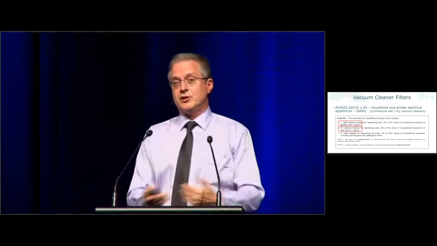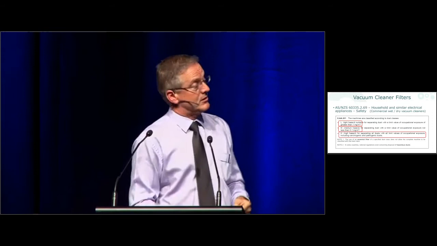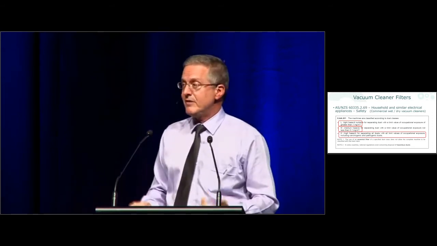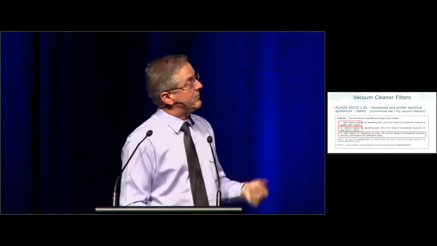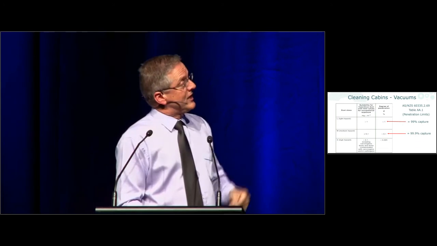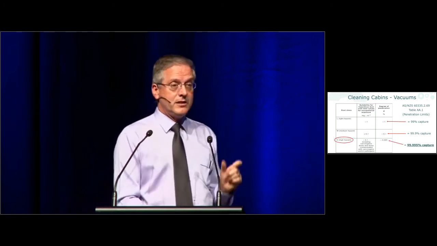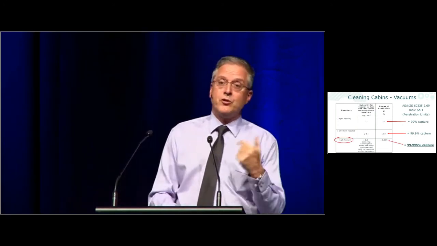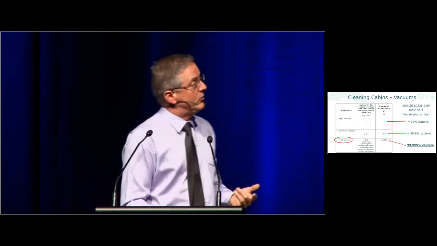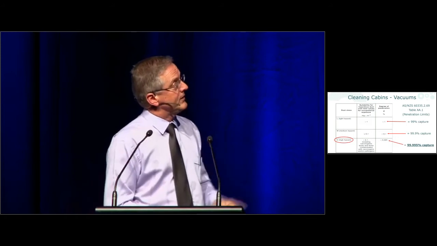So when silica drops, you'll need this H-class. Arguably, you could say because silica is a carcinogen, you should have an H-class now, not an M-class. But what the H-class is, down the bottom here, is a capture efficiency of 99.95%. That's what you're looking for in a filter or in an instrument for a high hazard.